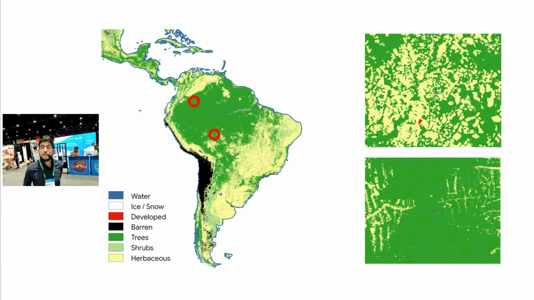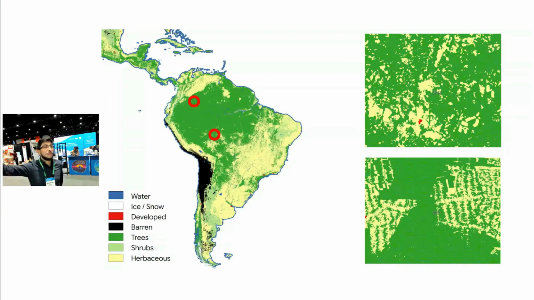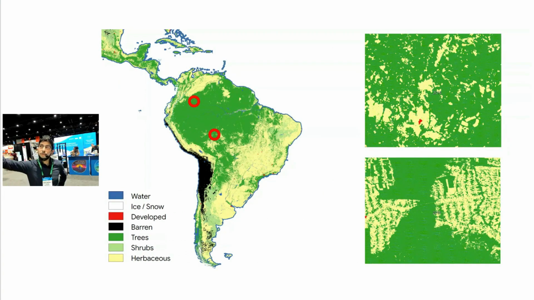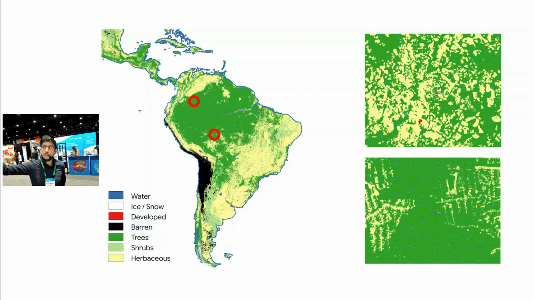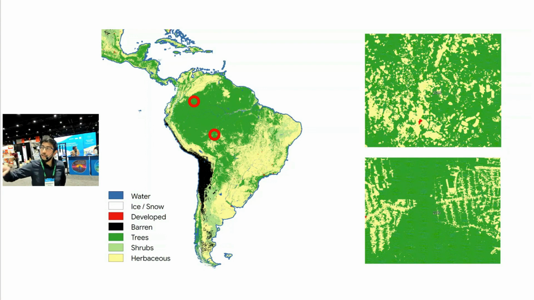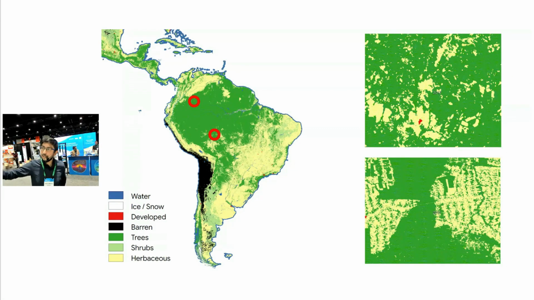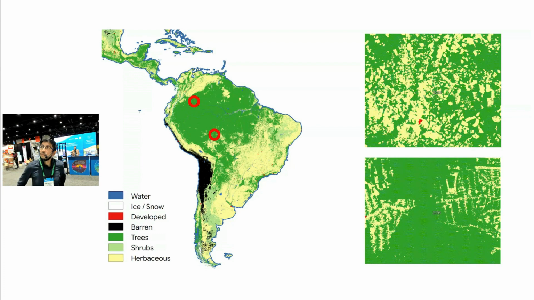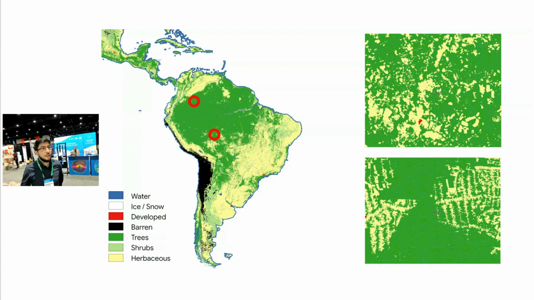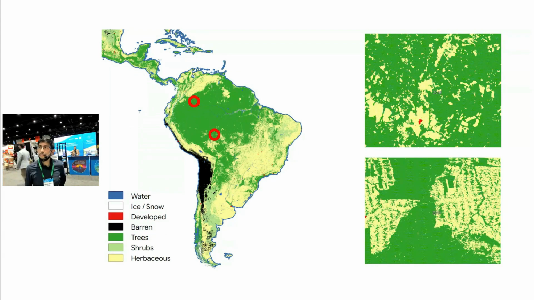Let's start with South America. What you see here are two kind of opposite examples. On top, you see forest recovery happening in the Colombian Amazon. In the bottom, you see forest loss happening in Rondônia in Brazil, in the classic pattern of deforestation. CCDC captured these kinds of changes quite well, so we're doing pretty well in this regard.